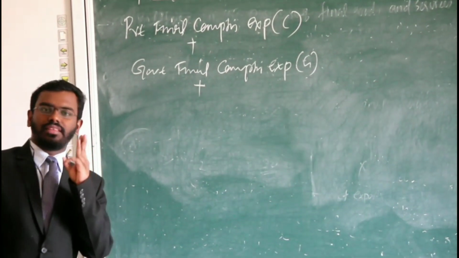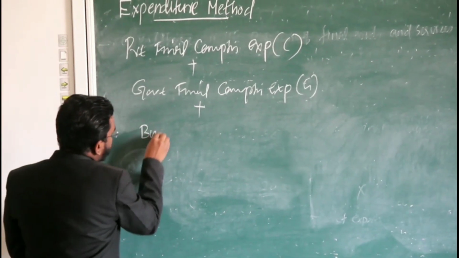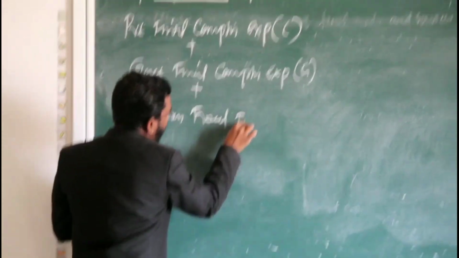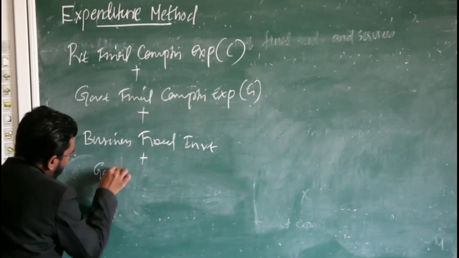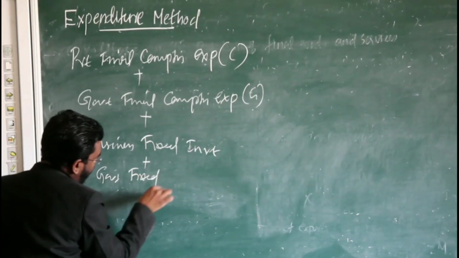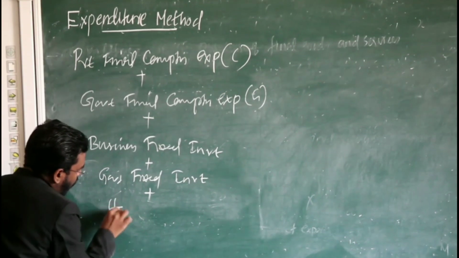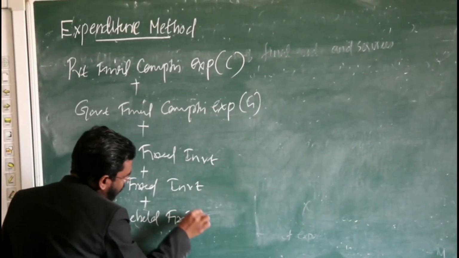So fixed investment is of three types. What is the first one? That is business fixed investment plus government fixed investment plus household fixed investment.